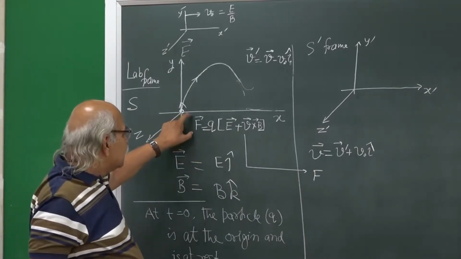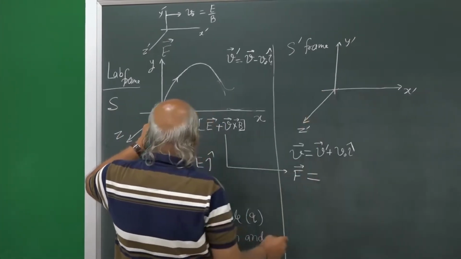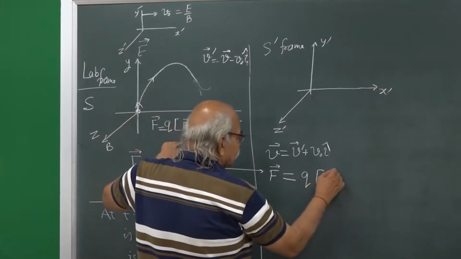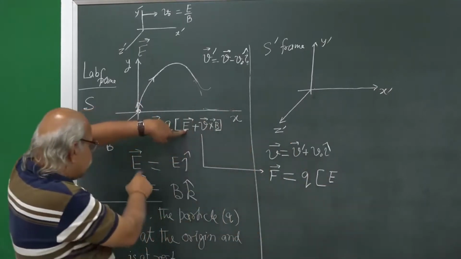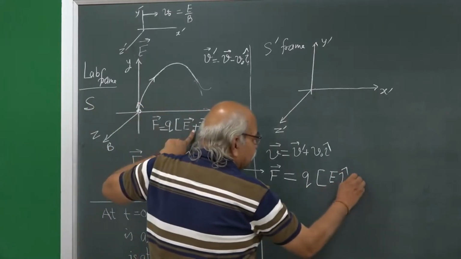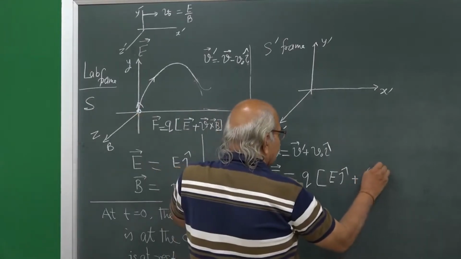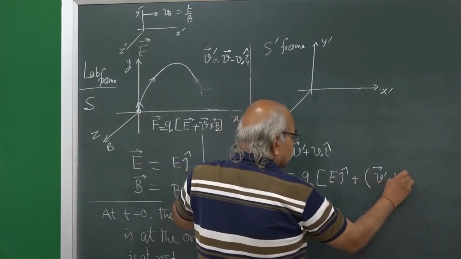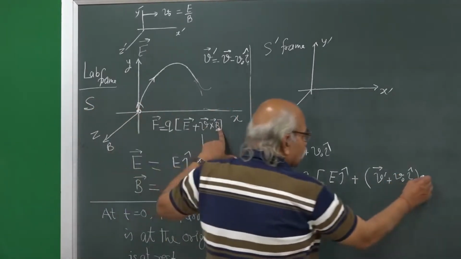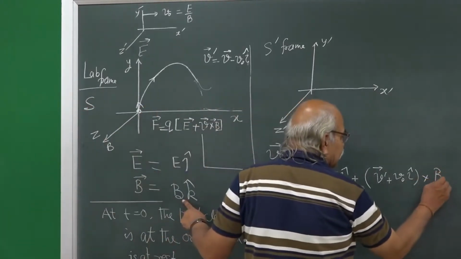So this F, which is now F dash in this frame, is equal to Q times E, which is in fact E j cap, plus V, and this V is here, so it is V prime plus V naught I cap, and then cross B. B is B k cap.